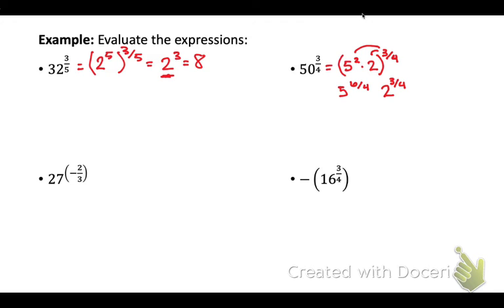Got it? Okay. So if I separate this right here, could I separate it as 5 to the 4/4 and 5 to the 2/4? Yeah, I could do that, right? And then I have 2 to the 3/4.